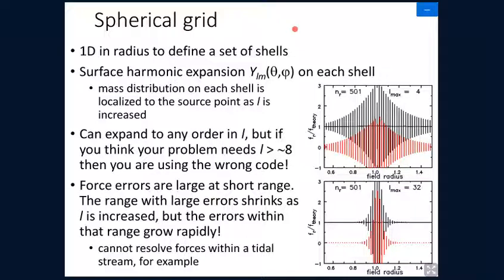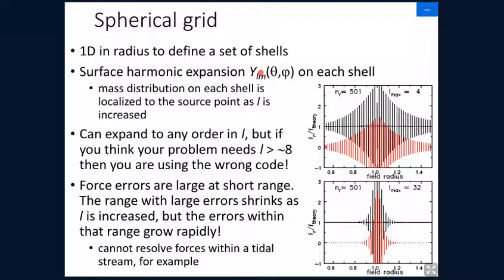The third kind of grid that you could use is a spherical grid, which is kind of a funny thing. It's really just a set of shells in one dimension, and on each shell the code performs a surface harmonic expansion in the familiar Y_LMs from quantum mechanics and all mathematical physics.